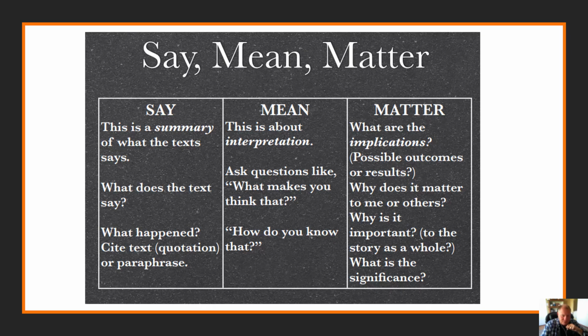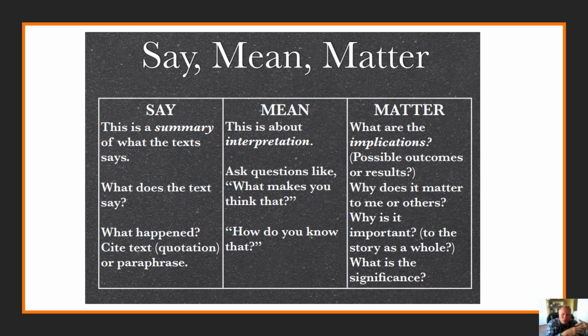Now, when you're focusing on this presentation, I want to go back. You're going to hear me say this week after week, but I think it's important. What does it say? What does it mean? And what does it matter? So when you're preparing your presentation, I encourage you to talk between you and your partner, talk about what it is. Then we're going to go through this 3-step process.